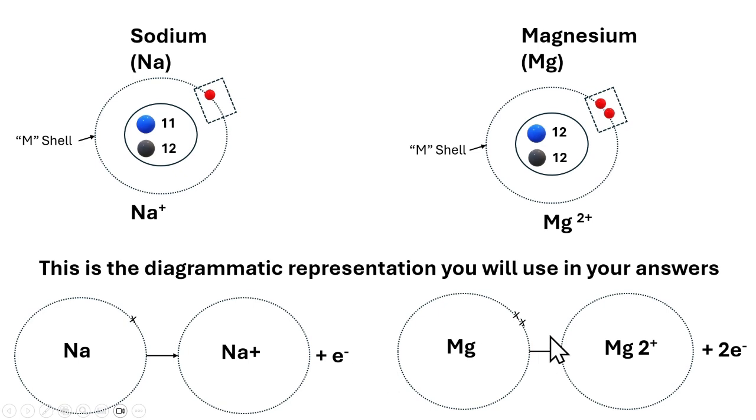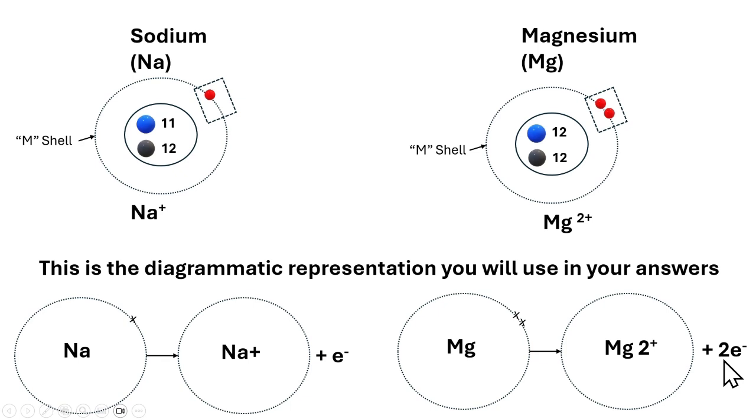Magnesium has 2 valence electrons, it has lost 2 electrons, so it becomes magnesium 2 positive. Now notice one thing, that when we are writing down the ionic equation or diagrammatic representation, we are showing electrons on the right side of the arrow, that is in the products, because we are losing electrons.